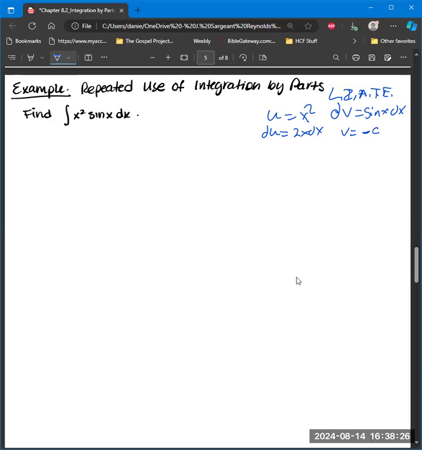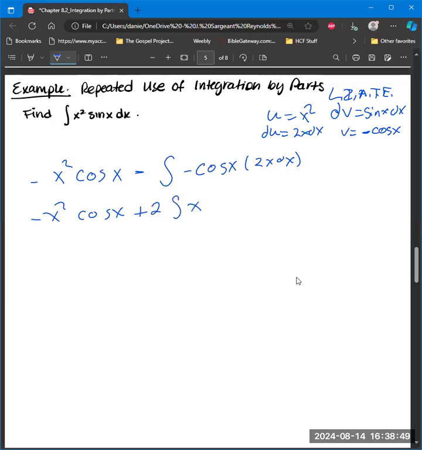V is going to be negative cosine of x. So uv minus the integral of v times du. It's going to be negative x squared cosine of x plus 2 integral x cosine of x dx.